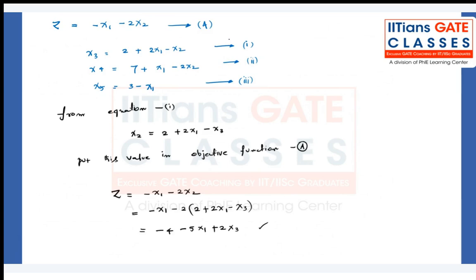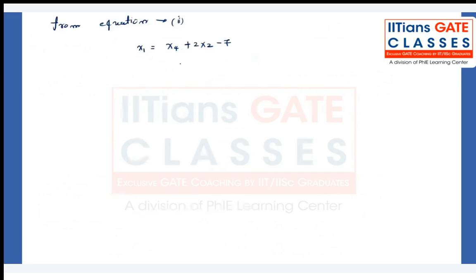Right, guys? Here from equation number 2, I am writing x2, sending x2 to this side and getting x4 to this side. That's it. Nothing else is there. I hope you understand.